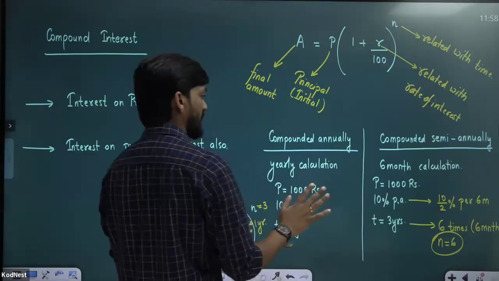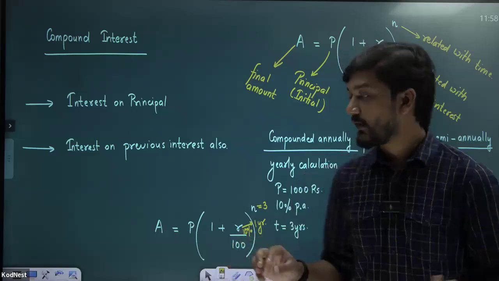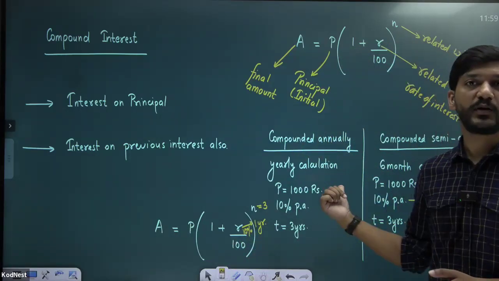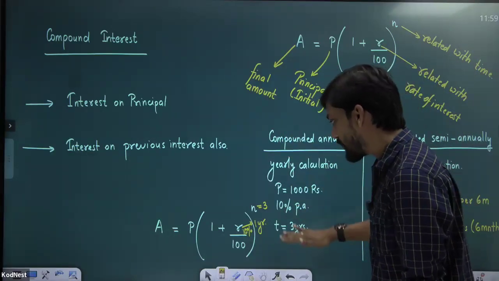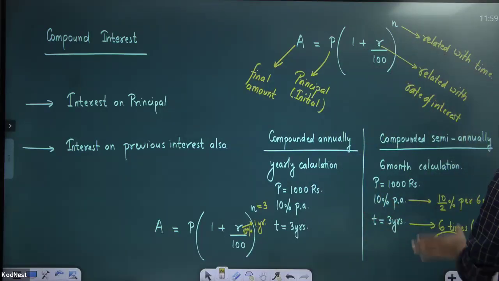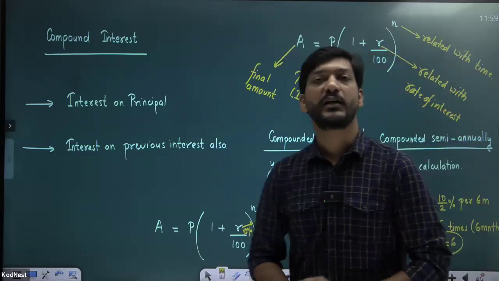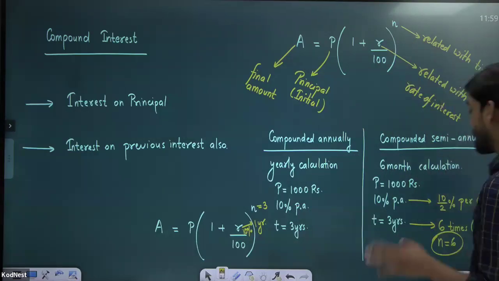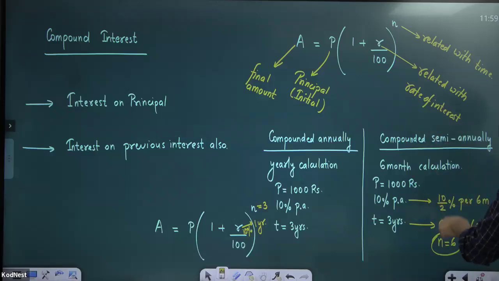Now, please remember this. If nothing is mentioned about how we have to solve, then by default we solve it this way. If we have to solve it the other way, the question will specifically tell that it is compounded annually or semi-annually.